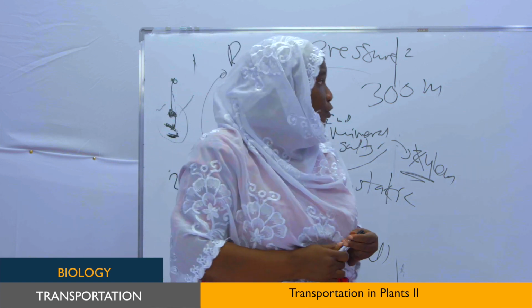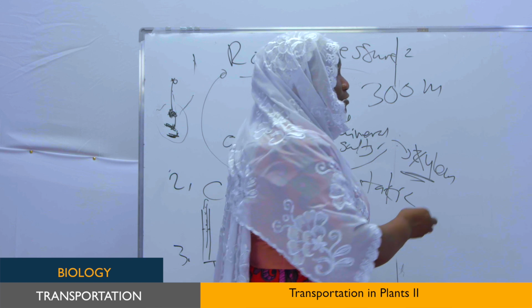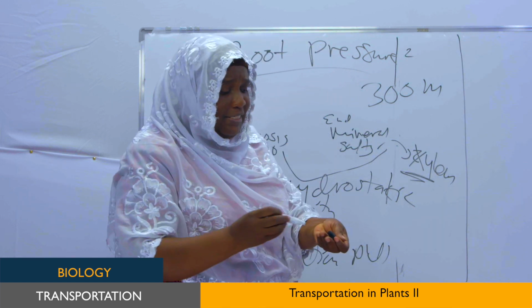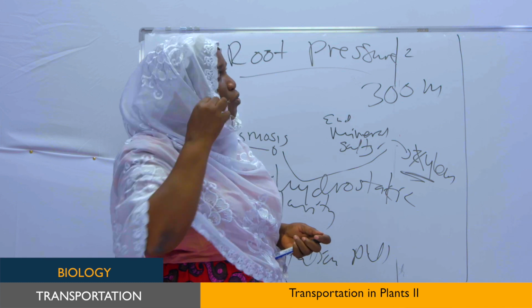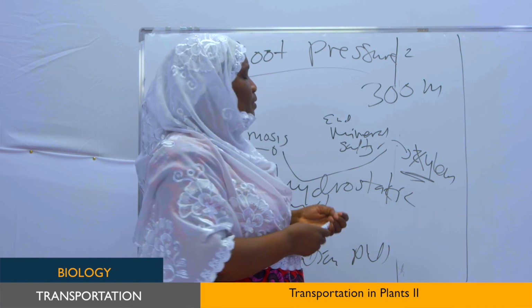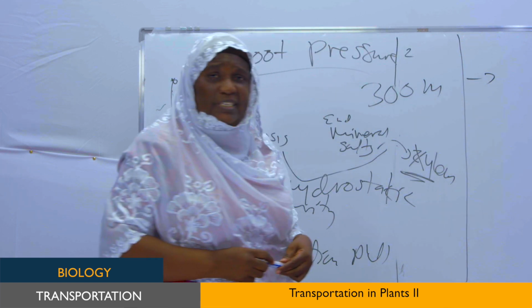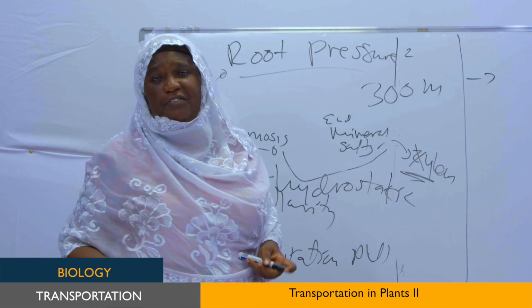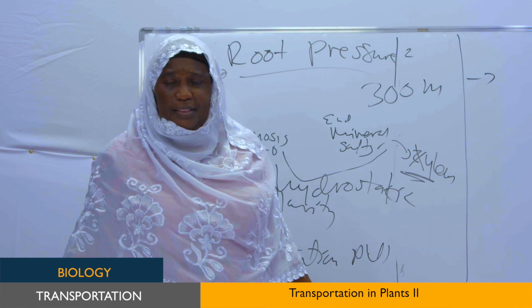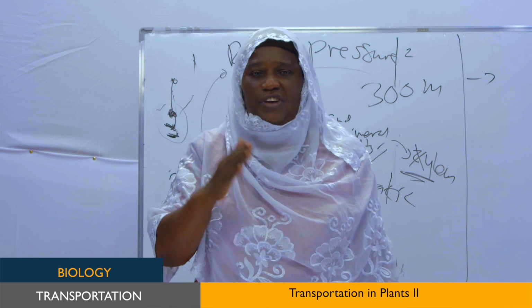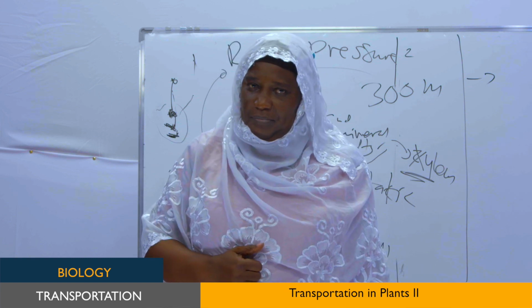I think you have achieved the objectives here. My objective number 1 here, I required you to be able to distinguish between active and passive transport. Therefore, assess yourself. Are you able to distinguish active and passive transport?